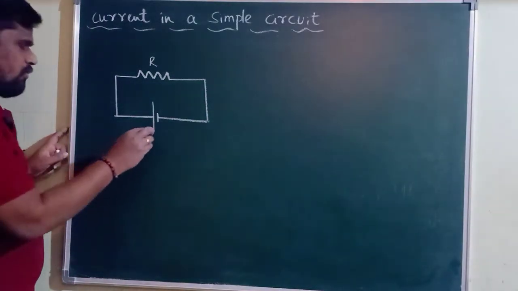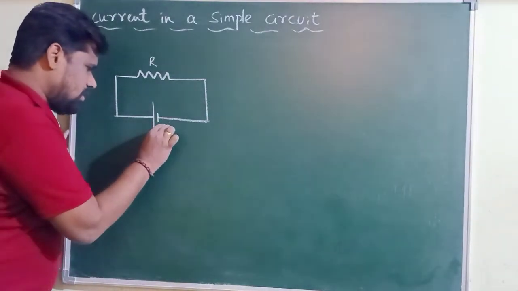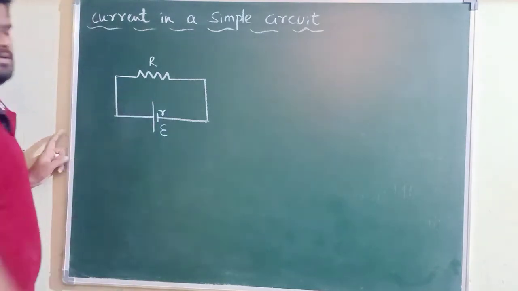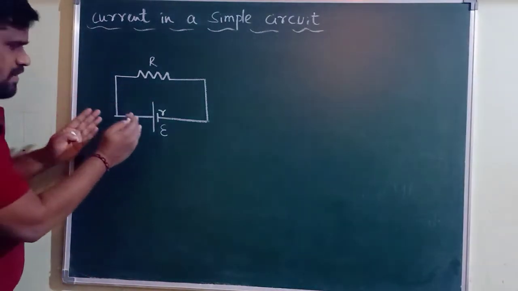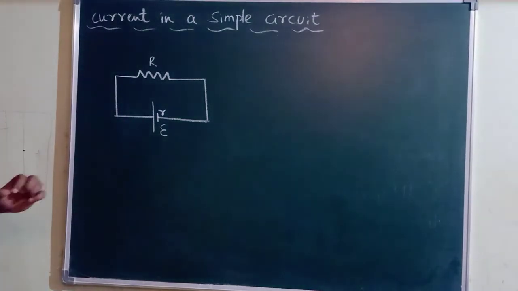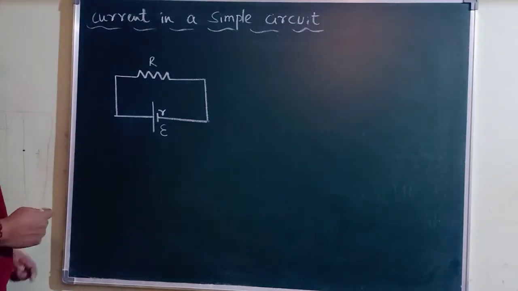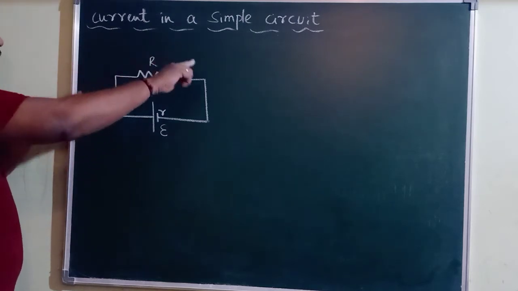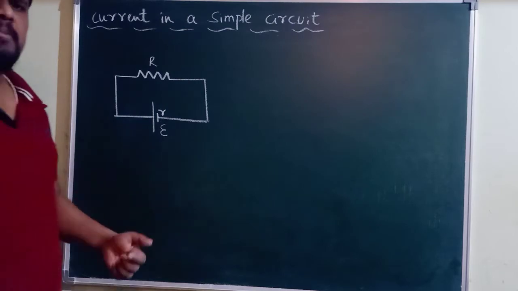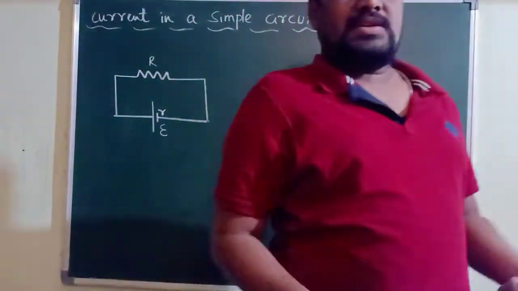That battery has EMF E and internal resistance small r, and that battery is connected across a wire of resistance R. Such a type of circuit we will call a simple circuit.